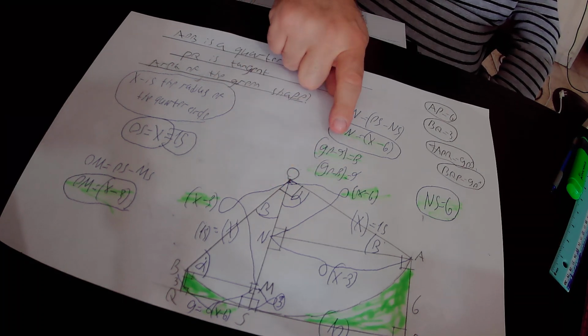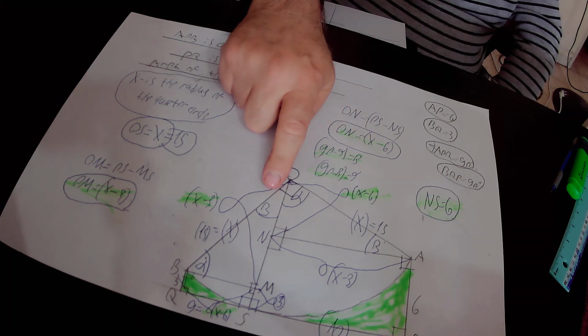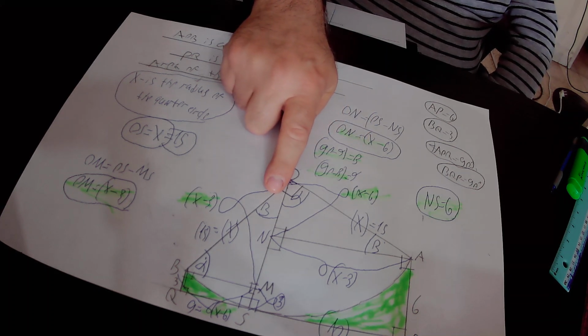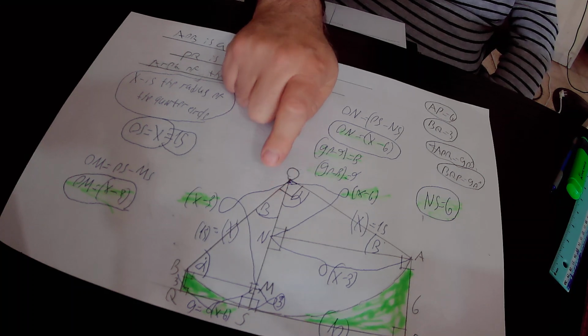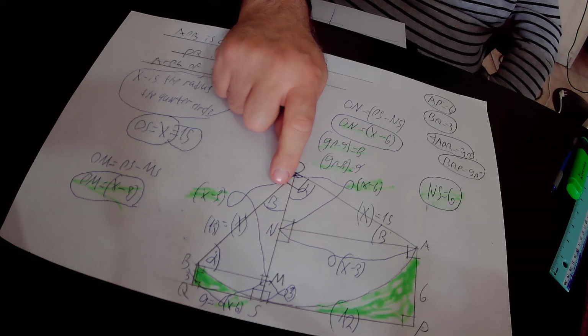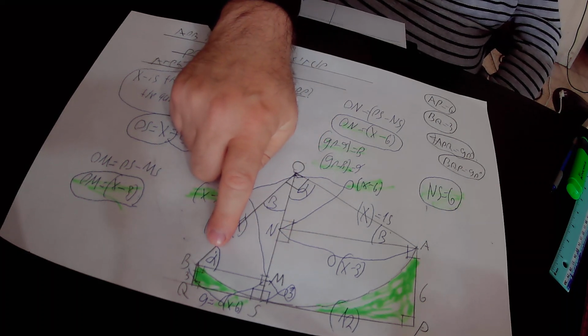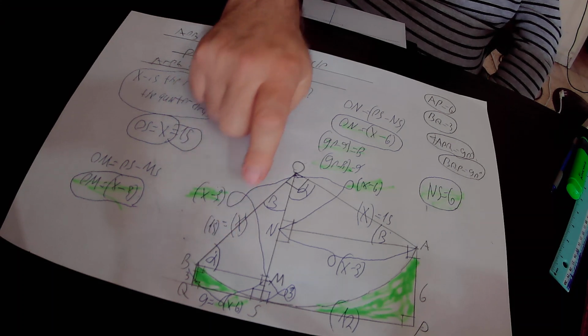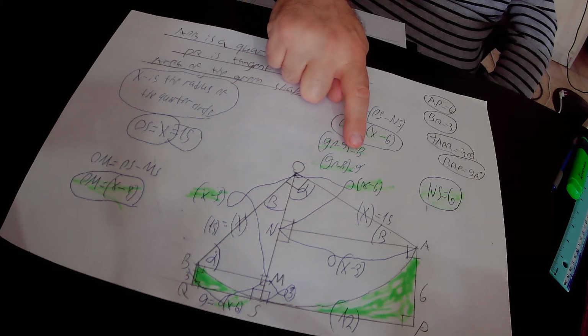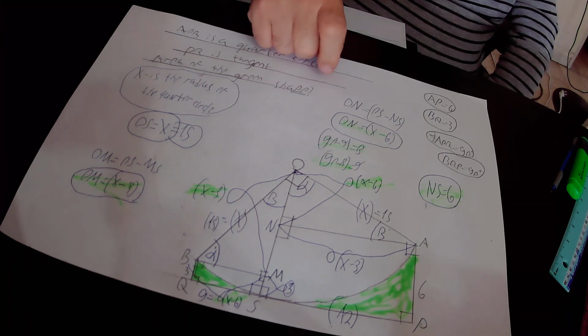But 90 degrees minus alpha equals beta. Therefore, the size of this missing angle is beta. So in the right triangle OBM, this angle equals beta, and this angle equals 90 degrees. Therefore, the missing angle must equal 90 degrees minus beta. But 90 degrees minus beta equals alpha. Therefore, the missing angle equals alpha.